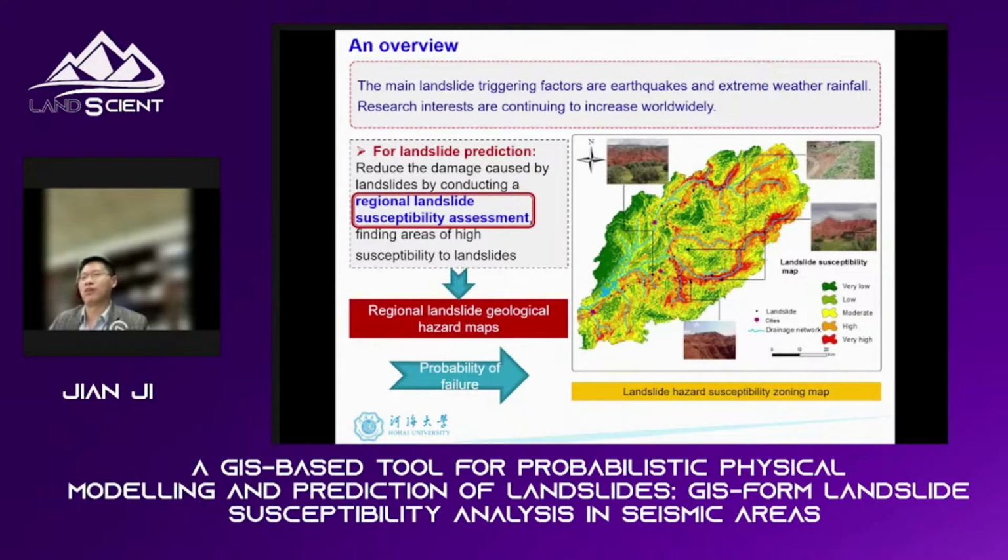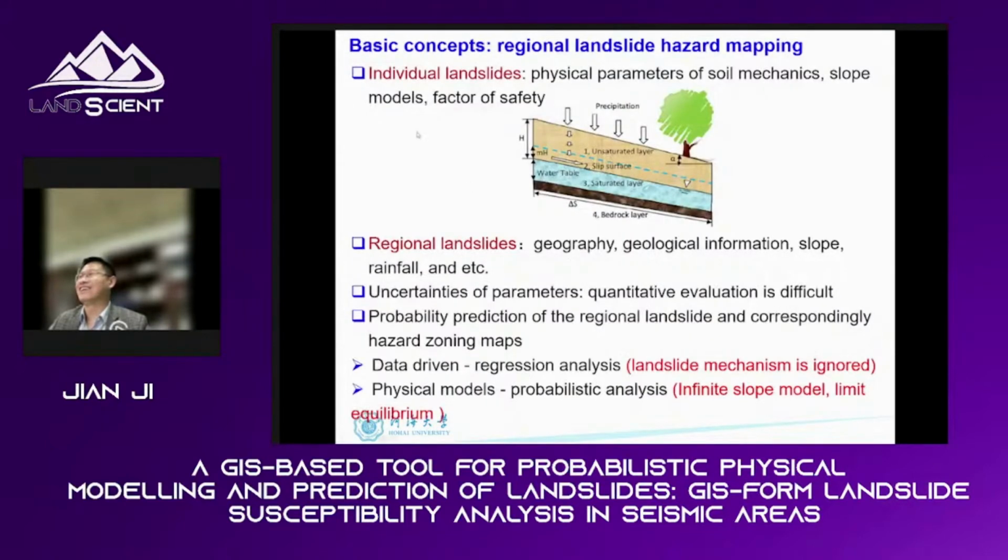I believe most of our audience are experts in this field, so this is not difficult to understand. But for some basic concepts about regional landslide hazard mapping, we start with individual landslide analysis, which is known in geotechnical engineering as slope stability analysis.